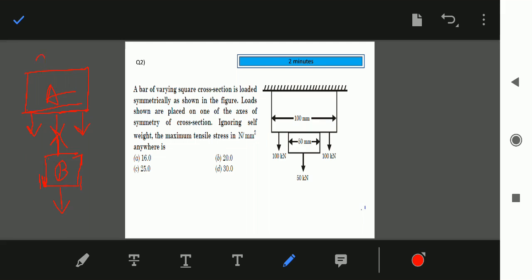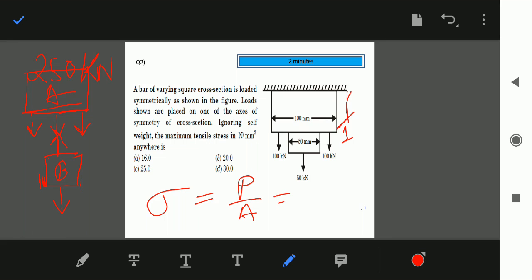Okay, so here 250 kilonewton. Obviously this will have the maximum tensile stress. So maximum tensile stress sigma is given as P upon A, and here only the breadth is given, so width we can consider as unity, that is 1.